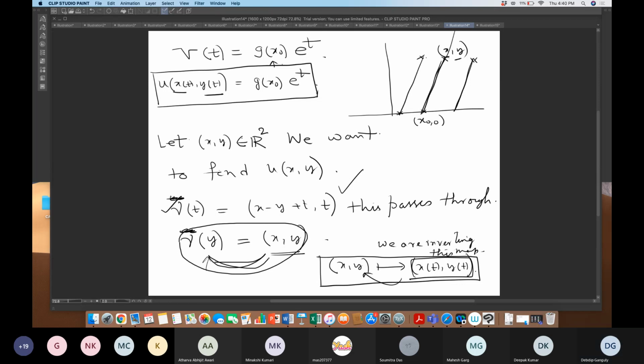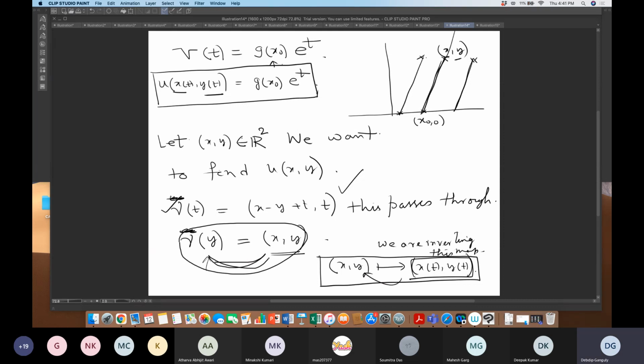Now, can anyone tell me when this map xy going to xt yt is invertible? Some kind of inverse function theorem in two variables. If the determinant of the Jacobian matrix is non-zero, then we can invert this map. Today I only did some examples. Next class we will do the theory behind this.